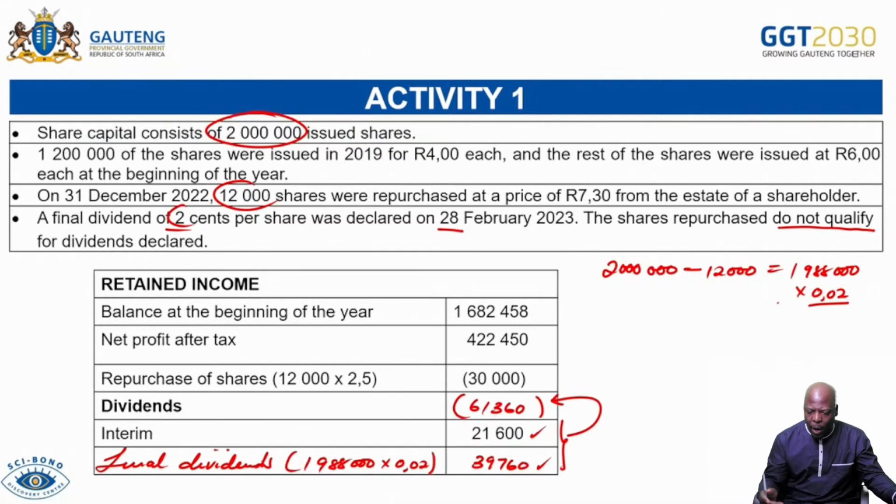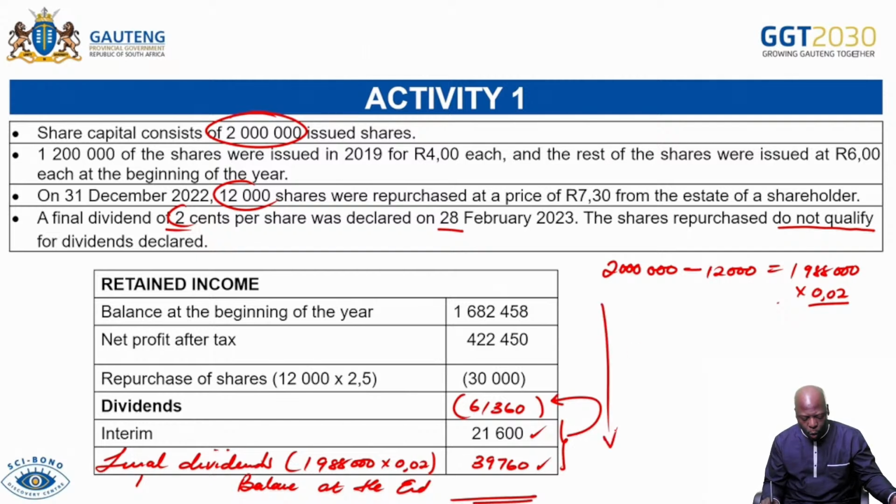But here, if you wanted to conclude it, you would have just calculated your balance here. Let's do it together. So here I'm going to get my balance at the end. We're just adding from the top going all the way down, and if you do that, you're going to end up with 2,013,548.